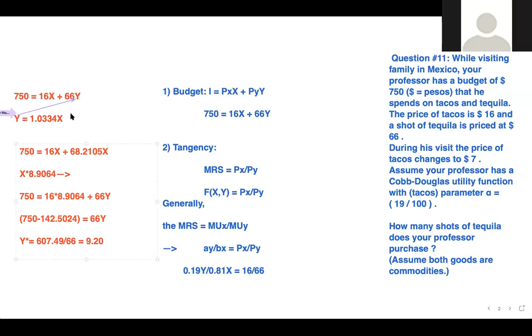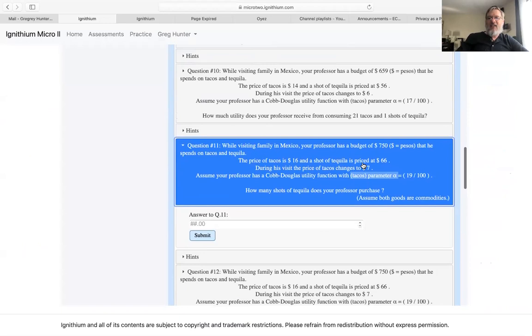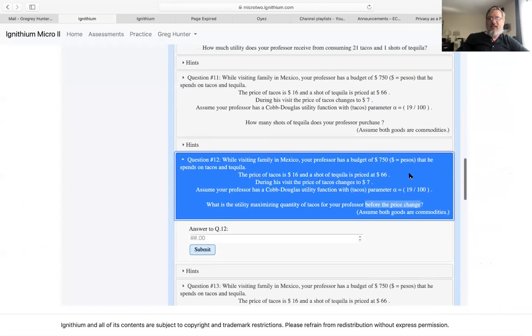Yeah, Professor, when does the change in taco price come into play? Well, okay. A little bit later, but let's go ahead and take a look here. New share. So this is before the price change, right?